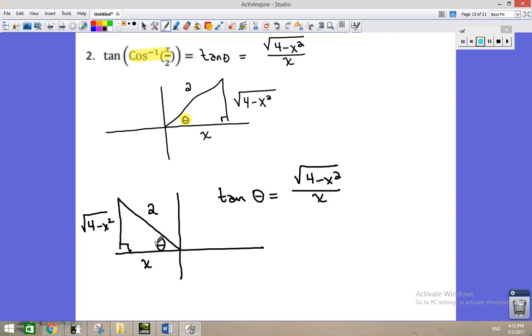So if theta is in quadrant 2, then we know x will be negative because you're going to the left there, and this numerator is positive, and if x is negative and you're in quadrant 2, tangent's negative, so there's no contradictions, and we're fine with that being our final answer.